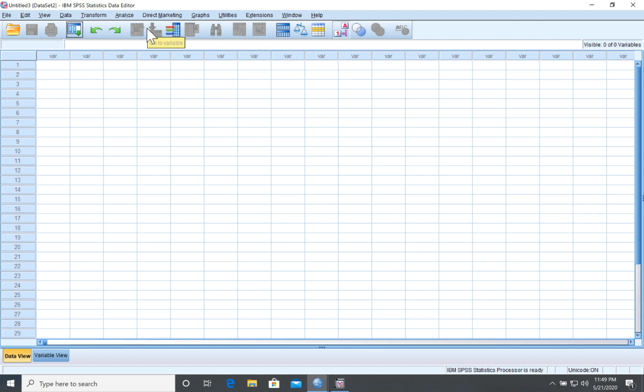For the traditional lab, I'm just going to put in the values right off that stem and leaf plot. So the first value is 64.